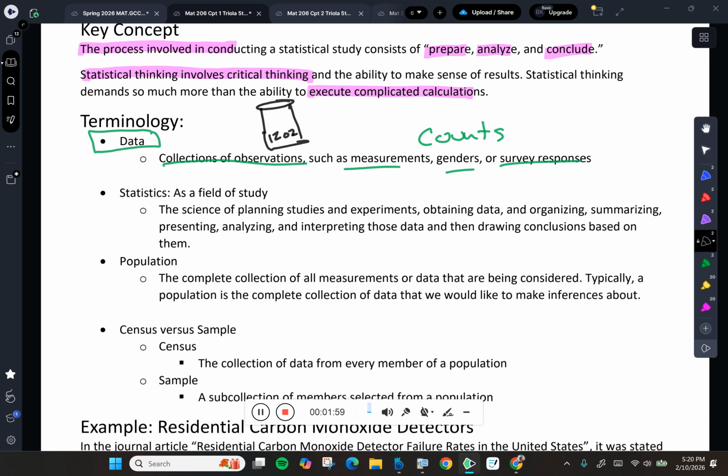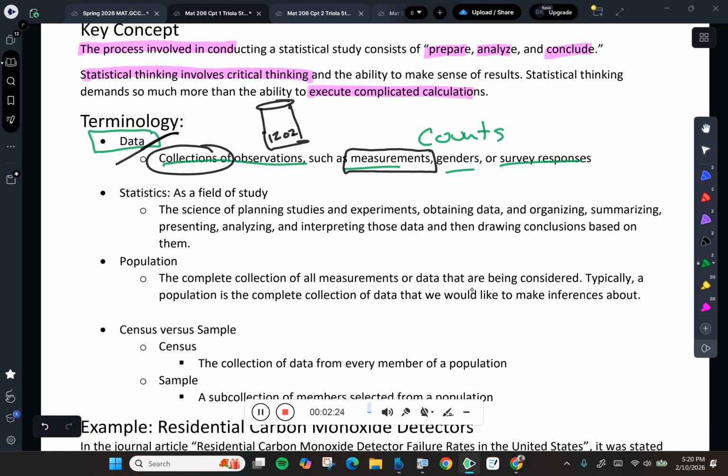And when I grab a bunch of cans off the assembly line and I measure how much soda is in those cans, and I get a collection of those measurements, I call that collection my data. And then I use that data to determine whether the Coca-Cola can bottling machine, or in this case, the canning machine, whatever you want to call it, filling machine, is filling the cans correctly.